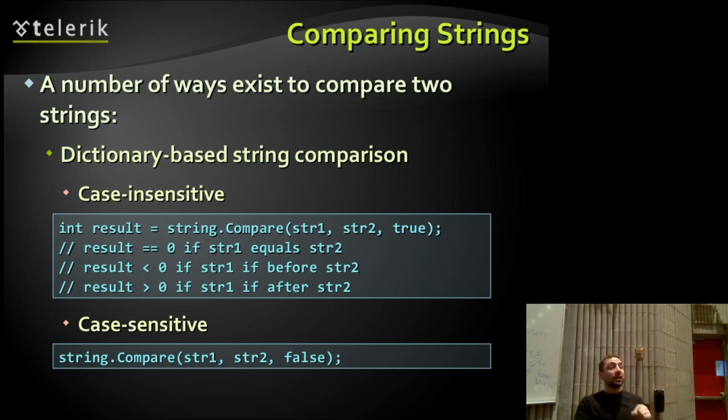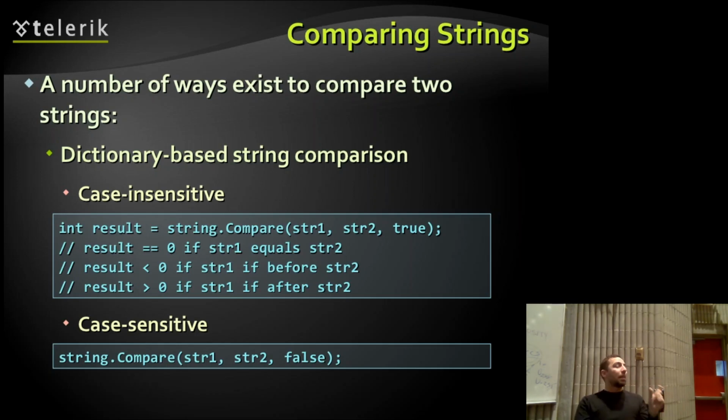In ASCII, capital letters have a lower numeric value than lowercase letters. A capital A has a lower numeric value than a lowercase a. I don't know why that was so difficult for me to get out there.